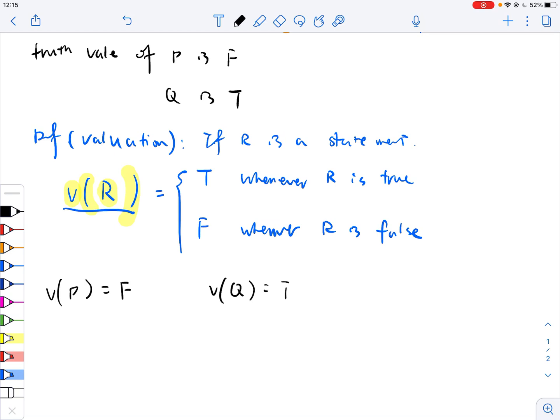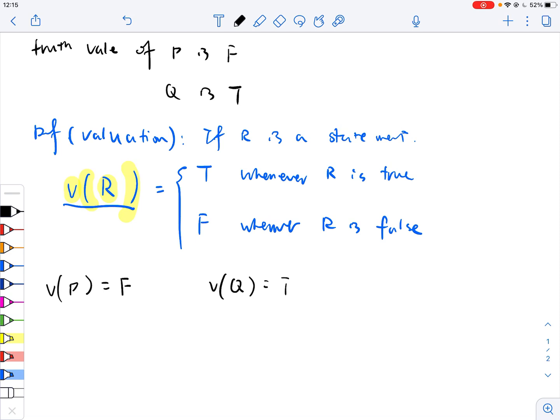So this notation is very convenient, but it is also very precise, so that we can use the truth value of those statements in a precise way, and also we basically defined the truth value of those statements using this valuation thing.